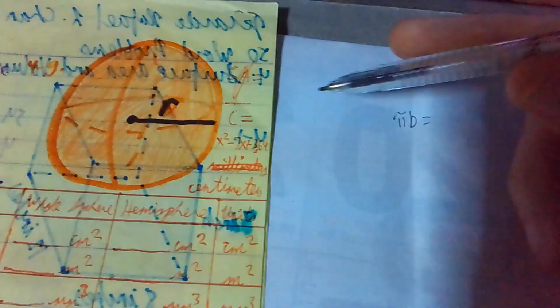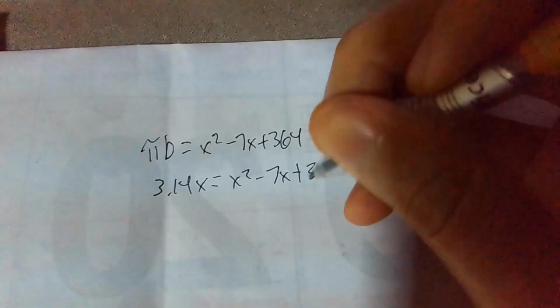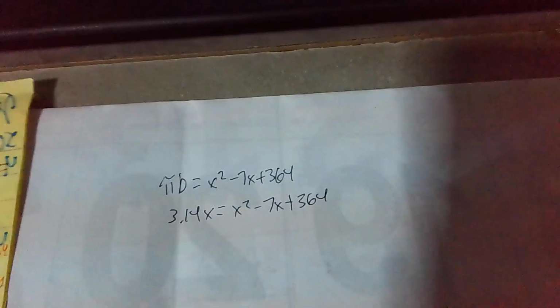Remember, what's the circumference? x squared minus 7x plus 364. Right? Actually, you can just change pi times d into pi times x. So therefore, 3.14x is equivalent to x squared minus 7x plus 364. Alright? Now we can set our equation equal to 0.